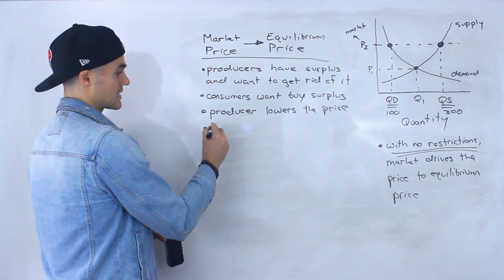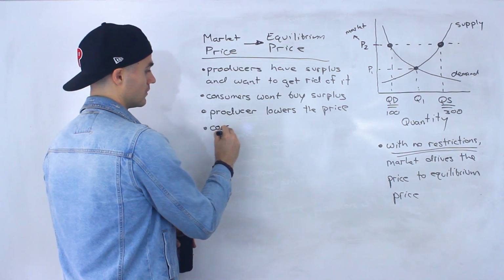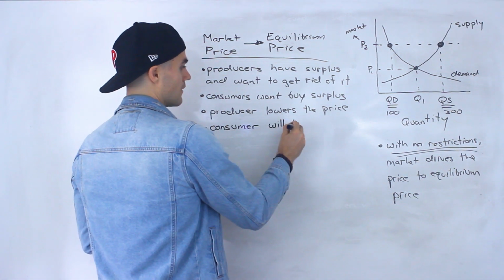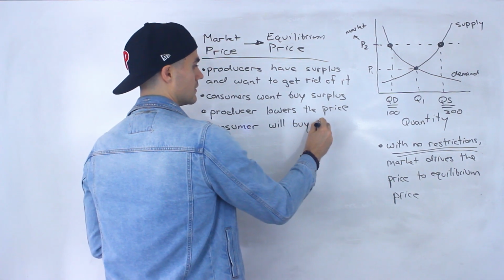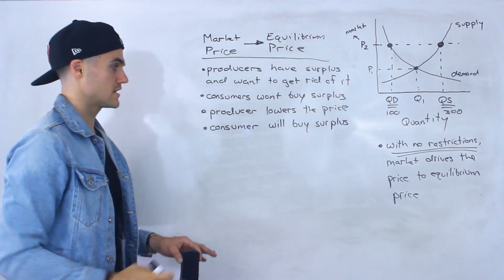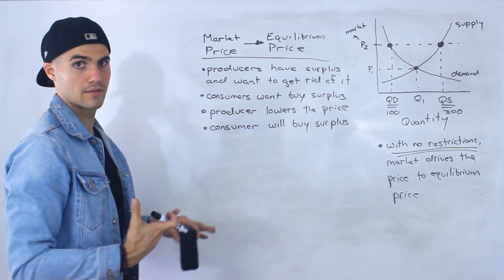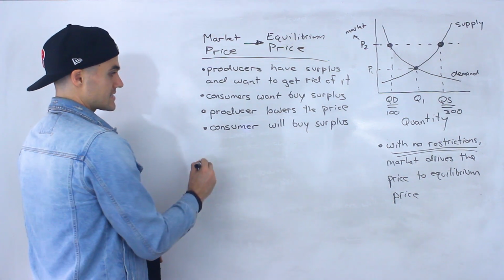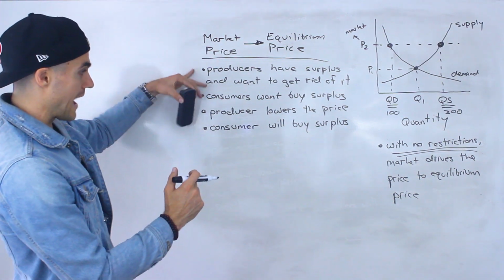And if they lower the price enough, then the consumer will now buy the surplus. Let's just assume that the producer lowered the price enough where the consumer is going to buy that surplus for sure.